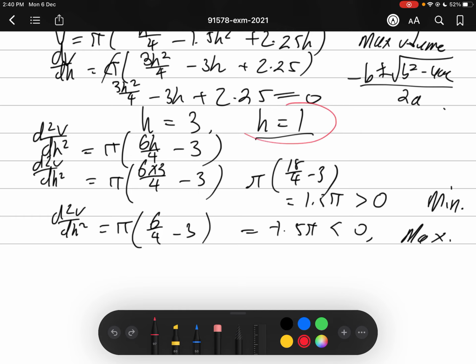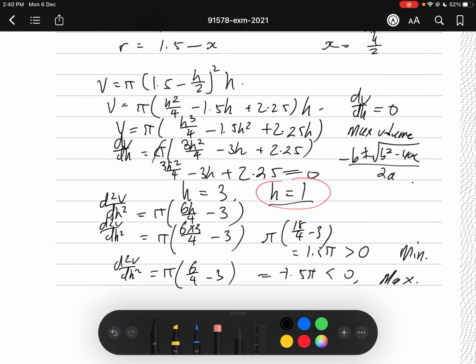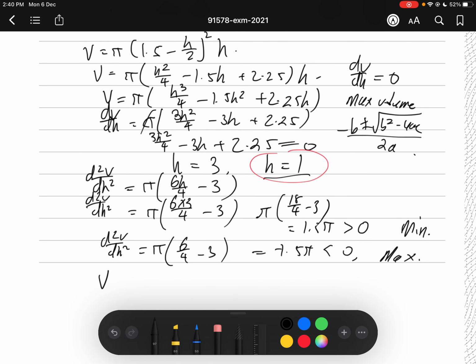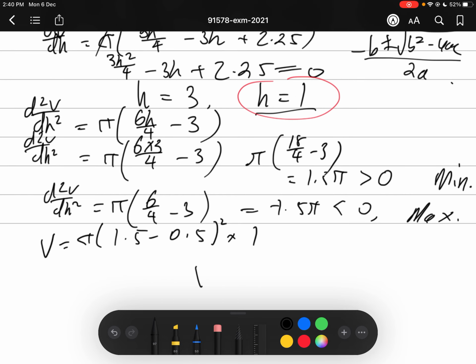And now all we need to do is substitute h equals 1 back into our volume formula. So V equals pi times 1.5 minus h over 2, which is 0.5, squared, times h, which is 1. And in this case, we'll see that V equals pi times 1 squared times 1, and that is just pi meters cubed.